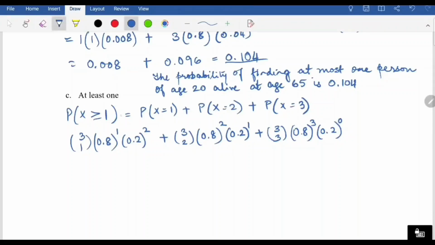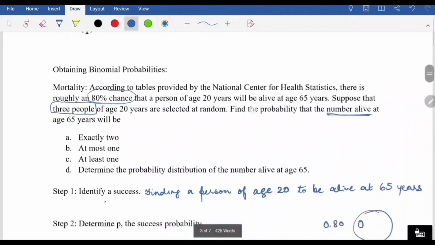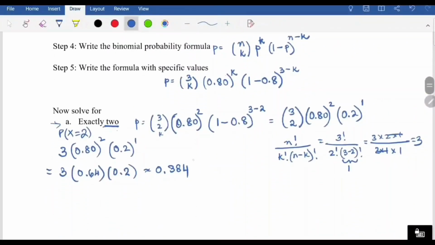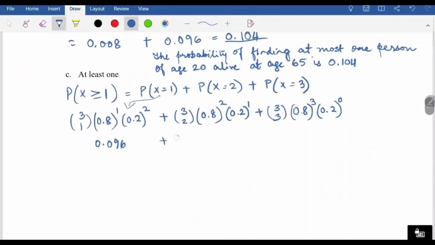So the probability of x equals 1, we already know the value is 0.096, plus for exactly 2, what was the value we found here? I think 0.384, correct? 0.384. But 3 combination 3, this one we need to find out.